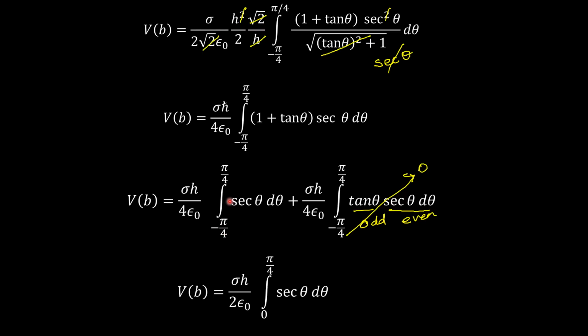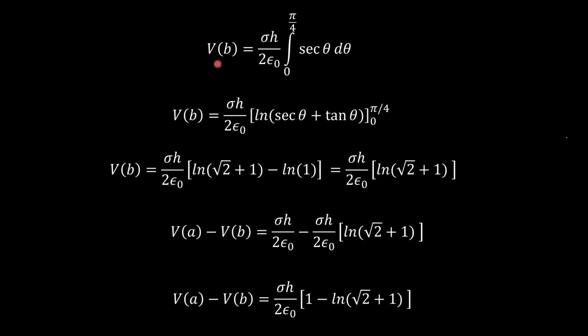First term, you can see you can change the integral limit from 0 to pi by 4. So there will be a multiplicative factor of 2. So that 2 and this 4 will cancel. This will become 2. So sigma h over 2 epsilon naught, integrating between 0 to pi by 4, secant theta d theta. Now we will solve this integral.